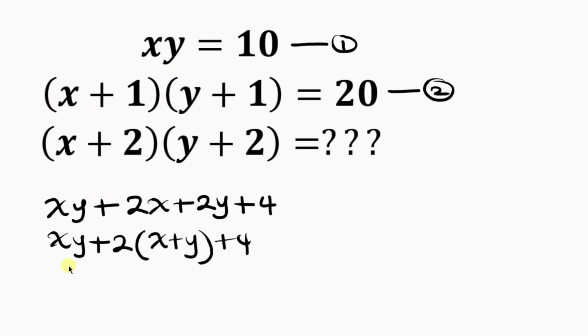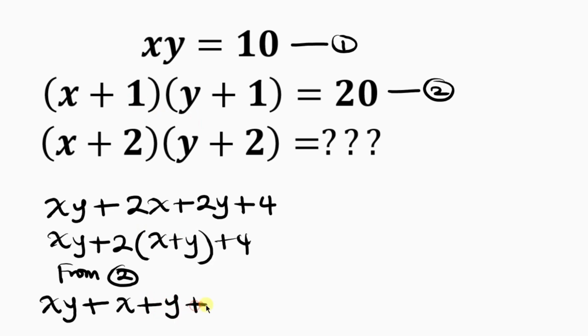So let's do that. From equation 2, let's expand. x times y is xy, plus x times 1 is x, plus 1 times y is y, and then plus 1 times 1 is 1.